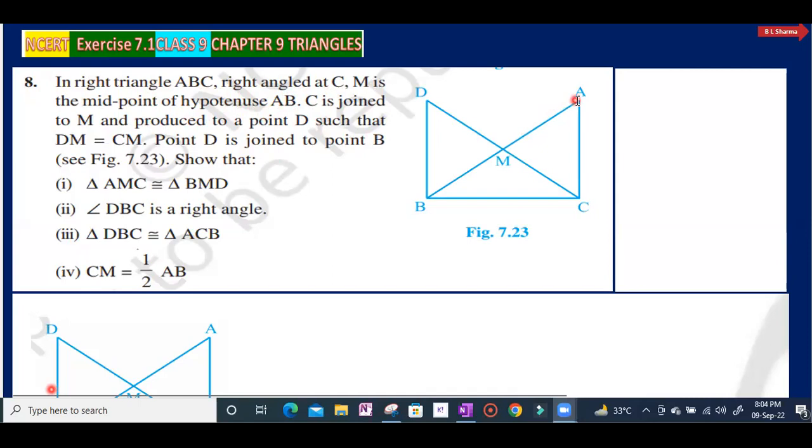It is a right triangle, triangle ABC, with the right angle at C, meaning this angle is 90 degrees. C is 90 degrees, and this is given in the question. The side just opposite to 90 degrees is the hypotenuse. So since in this triangle ABC, C is 90 degrees, AB is the hypotenuse.